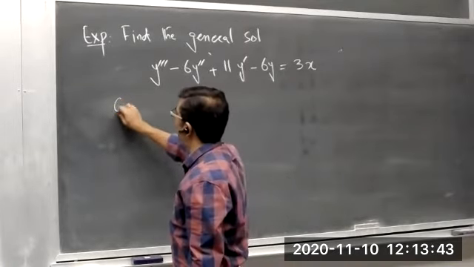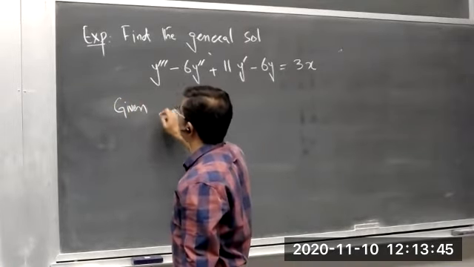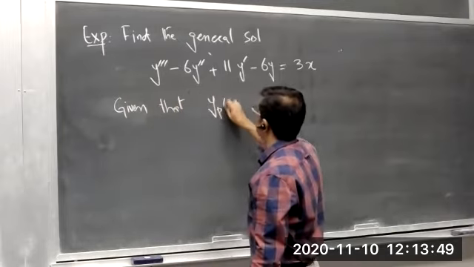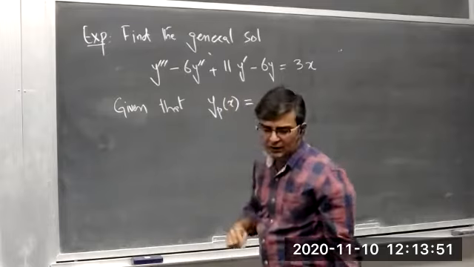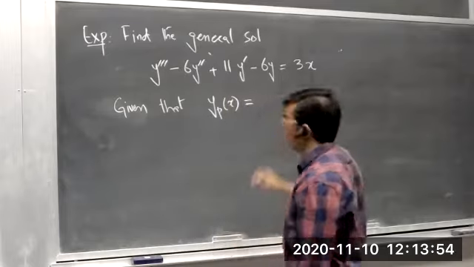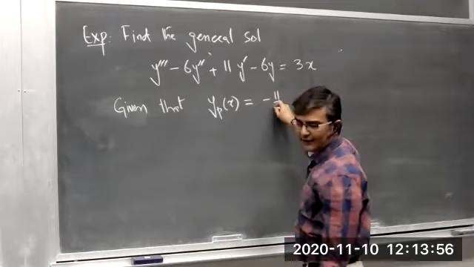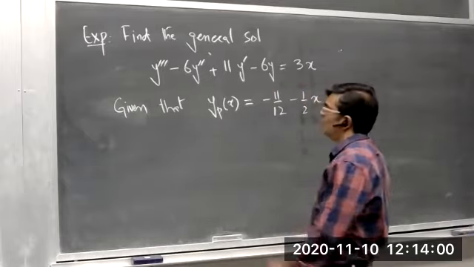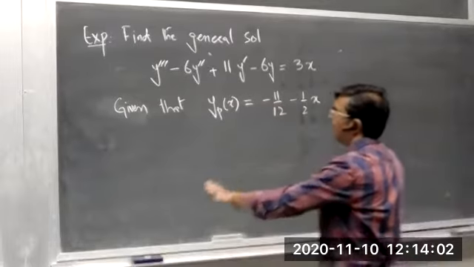Suppose the particular solution yp is given: yp is minus 11 by 12 minus 1 by 2x. Now, what do we have to find?